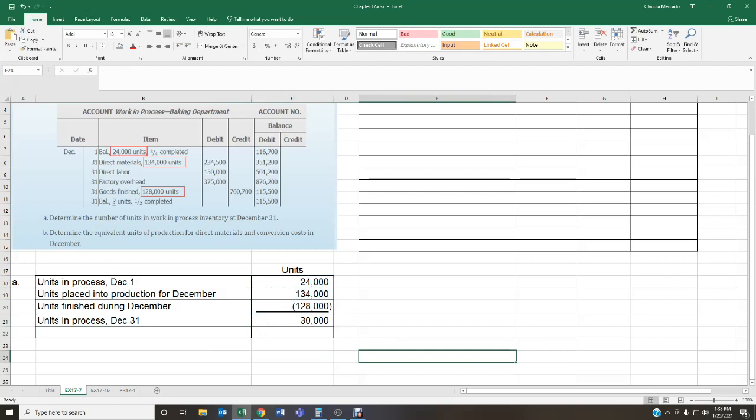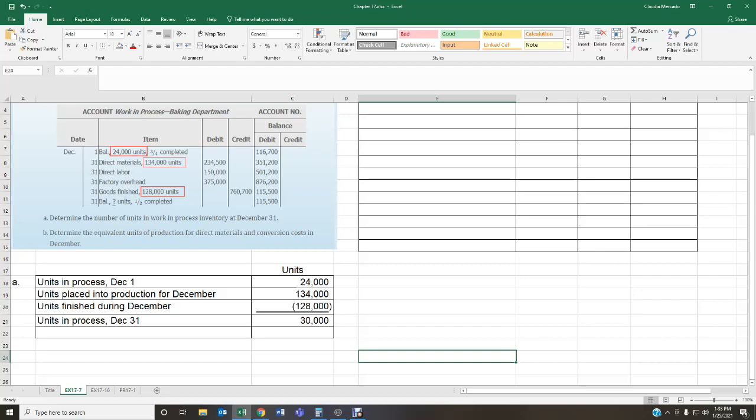So what does this tell me? Well, it tells you that you started with 24,000 units from last month. You put into production an extra 134,000 units. You finished a combined total of 128. That includes what you had started in November that you finished in December and what you put into production in December. So you finished 128,000 units.